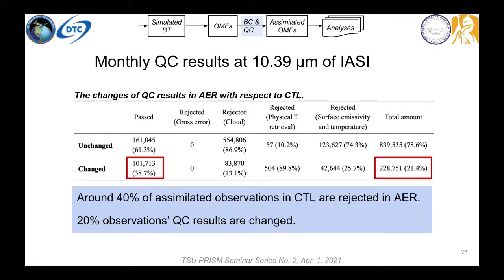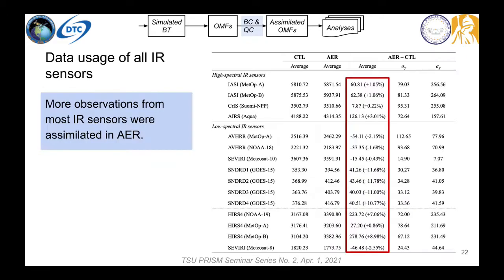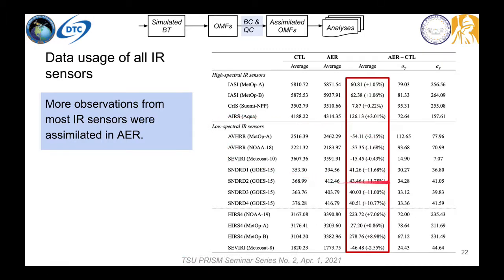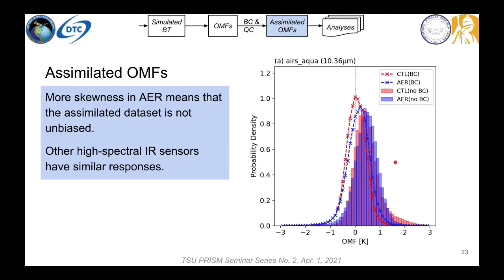As you can see here, in the AER run we do have a smaller bias estimate after we consider aerosols, and it also has less latitudinal differences compared to the control run. The control run has larger biases over the latitude, but after we consider aerosol, that feature disappears.